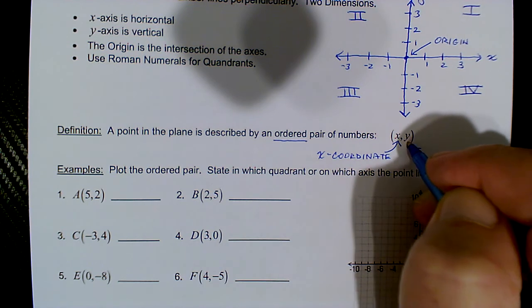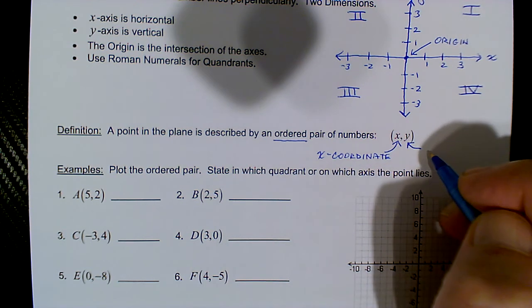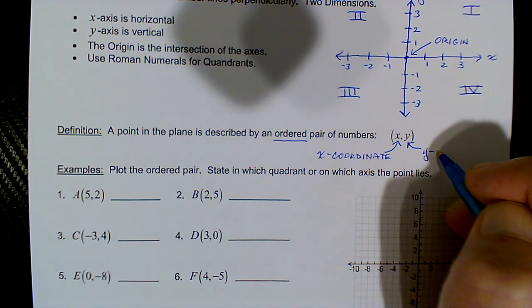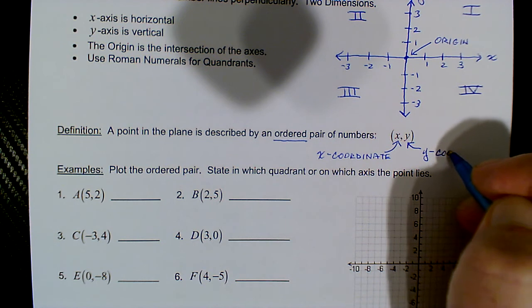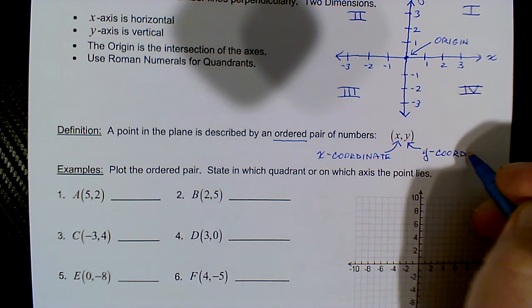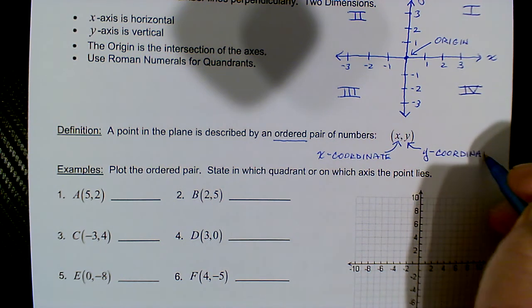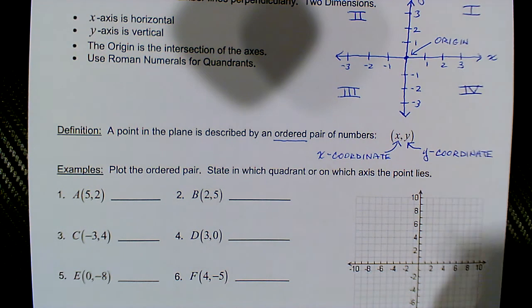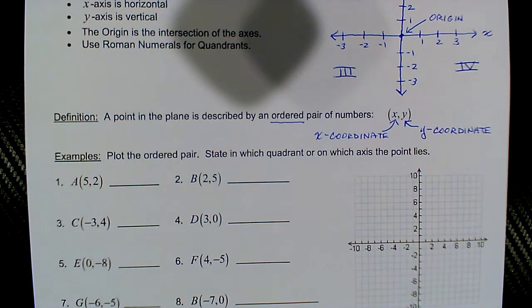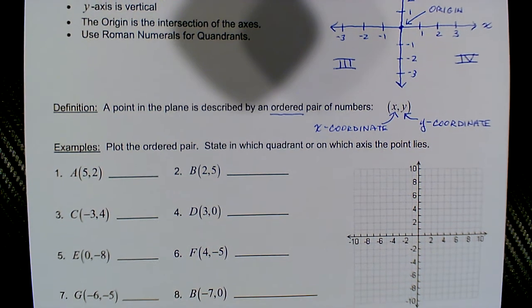There's a formal name for that as well. We call it the abscissa, but nothing to worry about there. And the y value is the y coordinate. And we have a formal name for that. That's called the ordinate. But again, just knowing that they're called x and y coordinates is going to be sufficient.